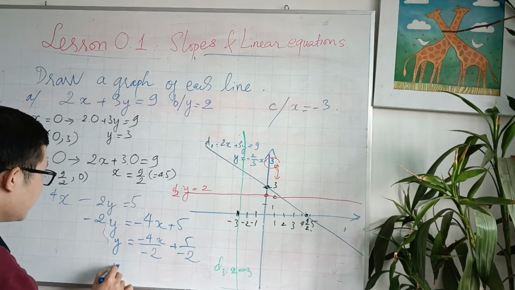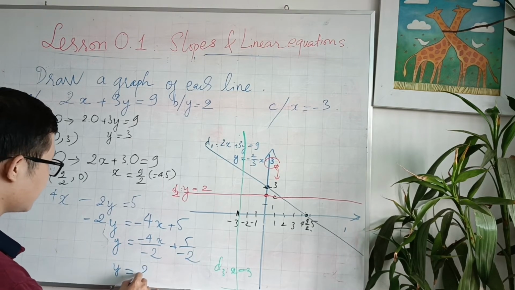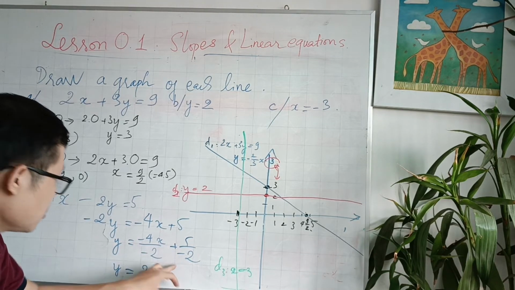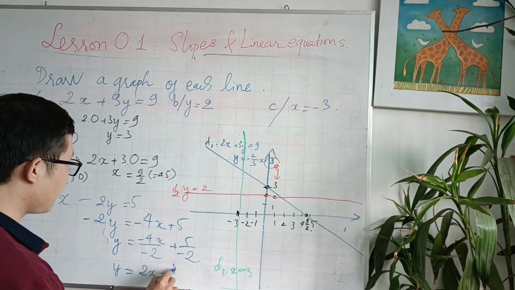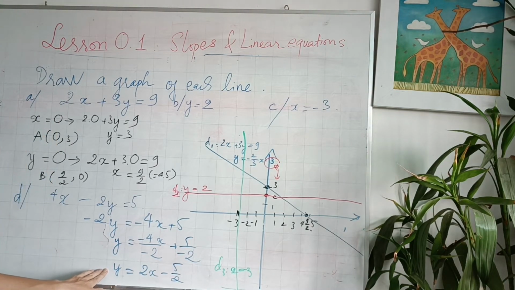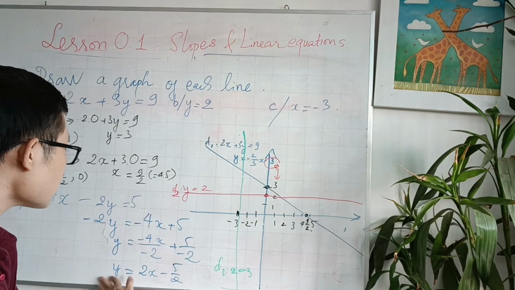So -4 over -2 is 2, so the answer is 2x, and 5 over -2 is -5 over 2. So it is the slope-intercept form of this line. So we sketch the line.